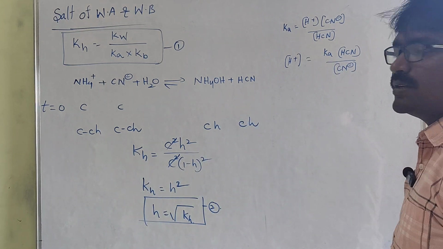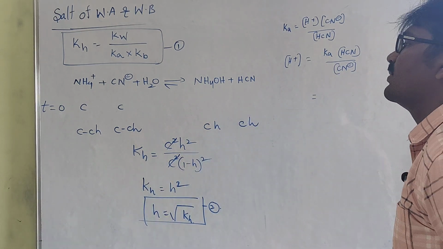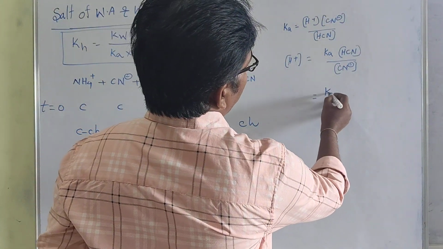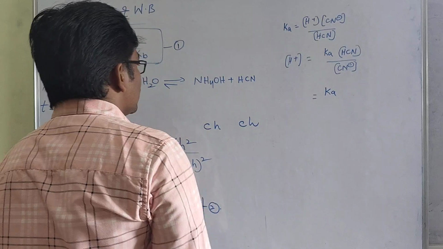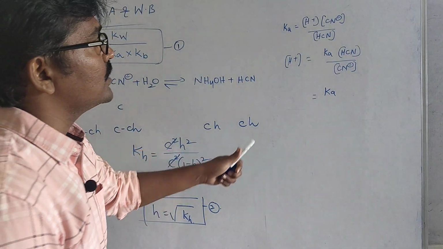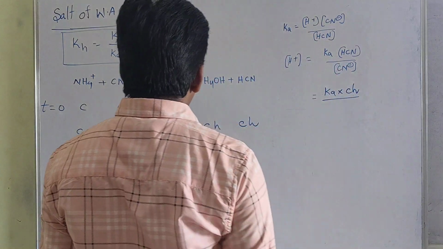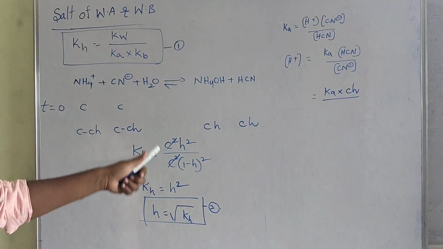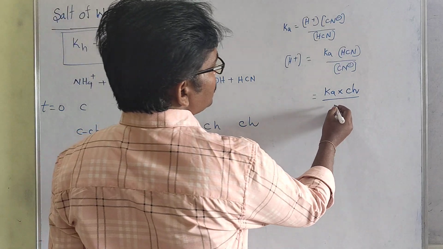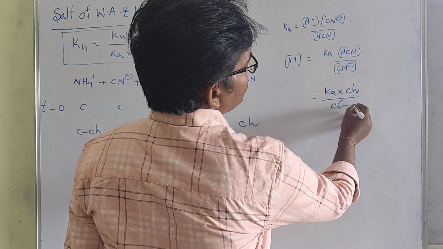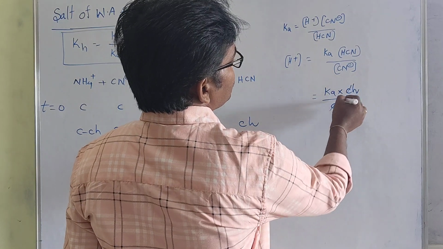CN minus ion concentration. Ka as usual, take it Ka. Then HCN concentration, what will be there? CH will be there. Then divided by CN minus ion concentration: that is C minus CH, which is C into 1 minus H. So C cancels here.